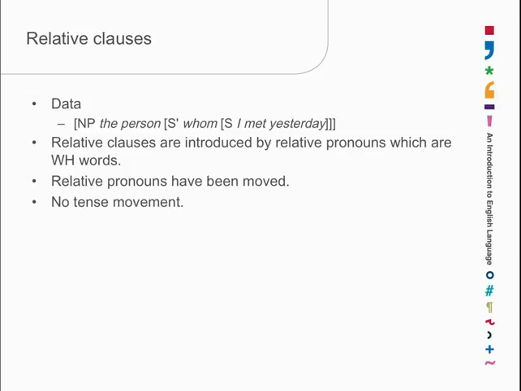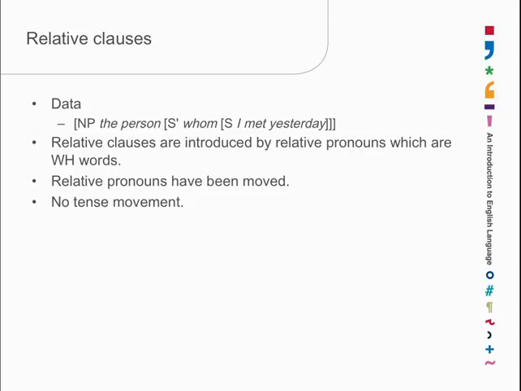So what have we got here? We've got two movements. We've got the movement of the tense to the front of yes-no questions, and also to the front of WH questions. We've got WH movement, which moves things out of the clause and into the complementizer position. Right.